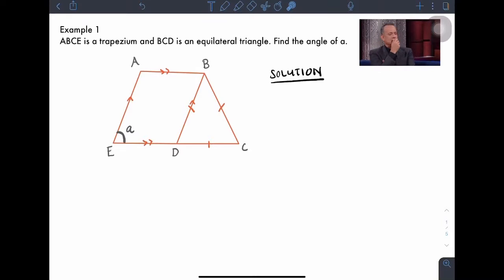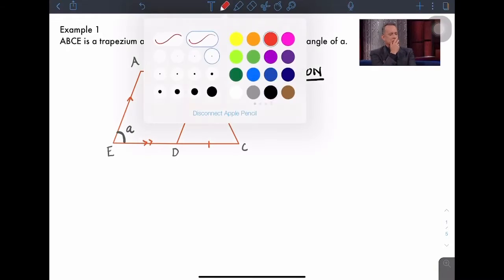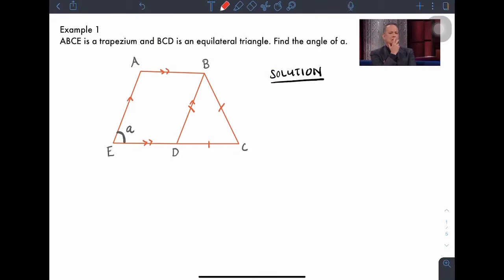First thing, don't panic when you see this kind of question where there are no angles given to you. Stick to the concept, okay? Let's look at the trapezium and the equilateral triangle. Now, what are the properties of a trapezium?